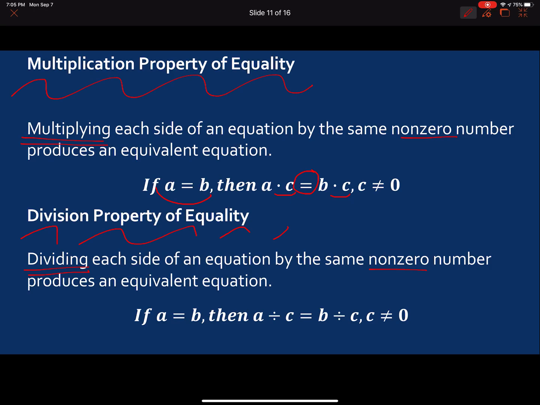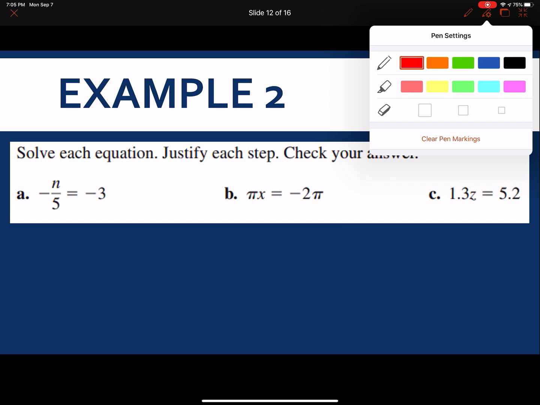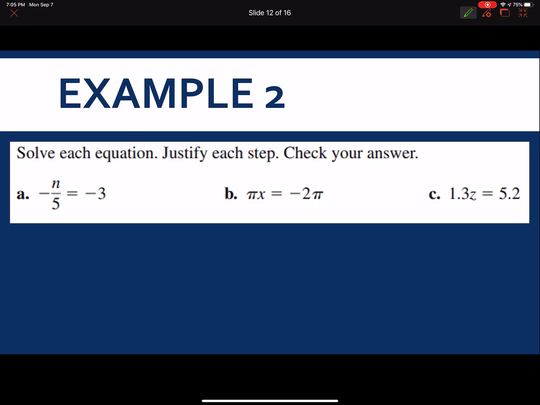So again, if a equals b, and I divide a by c, and I divide b by c, and c does not equal 0, those two equations remain equivalent. Now we're going to practice those two properties, the multiplication property and division property of equality.